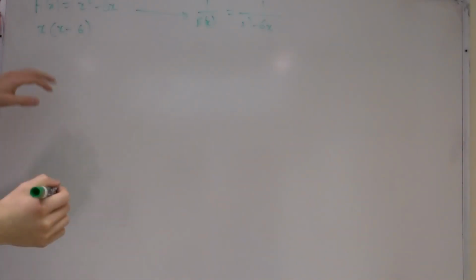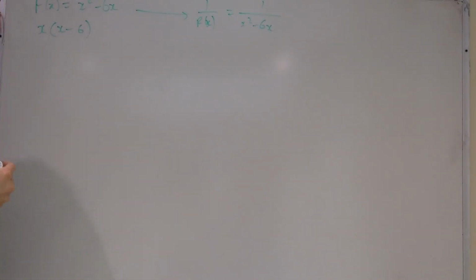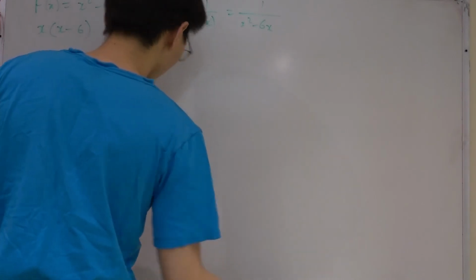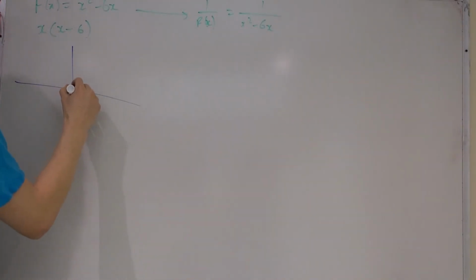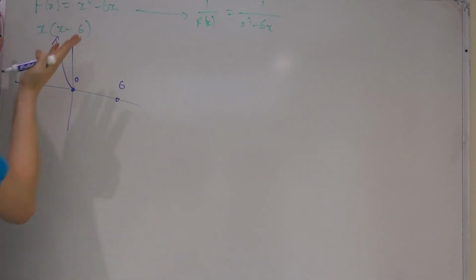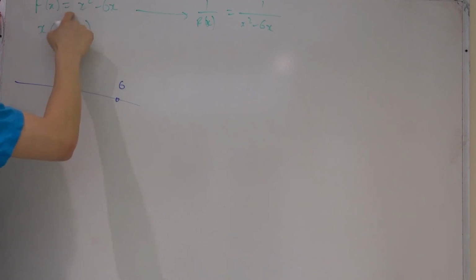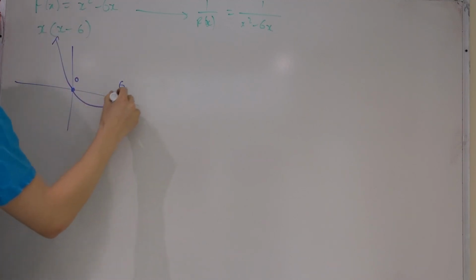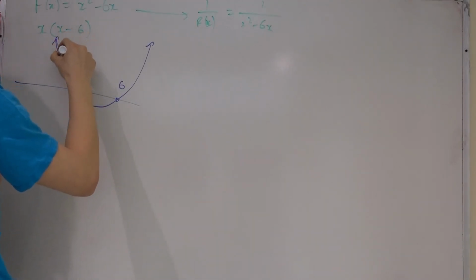And because we get it in a factored form, the graph is actually quite simple to do. It just looks like this. So 0 and 6 are our roots, and our graph opens upward because there's a positive sign in front of the x squared, so we know our function is going to look like that.